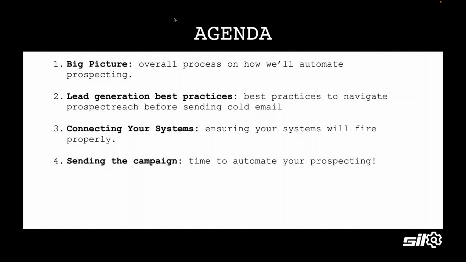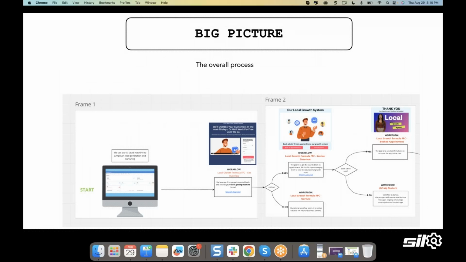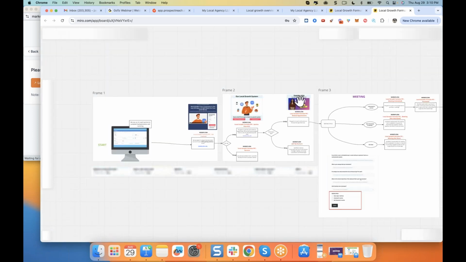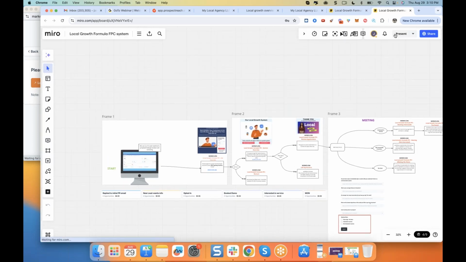All right. So with that said, let's go over the overall process and big picture. And we'll have this overview here in the members area as well. So this will help to conceptualize some things.